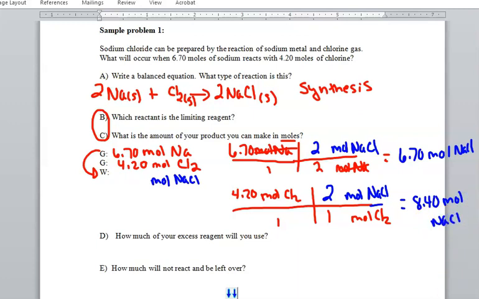Alright, so do you remember in the burger situation where it was the 12 burgers or the 15 burgers? Those were all, they couldn't happen because I was going to run out of something. Well, this 8.4 moles of NaCl, that can't happen either. The most sodium chloride that can be made is the 6.7, because the minute you make 6.7 you're out of sodium, and it's really hard to make sodium chloride without sodium.